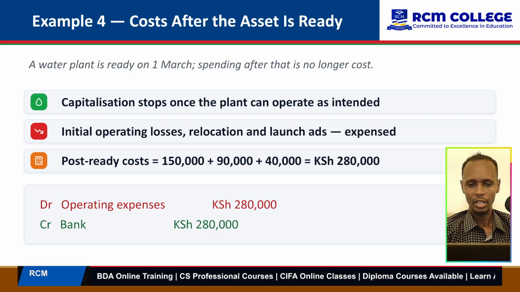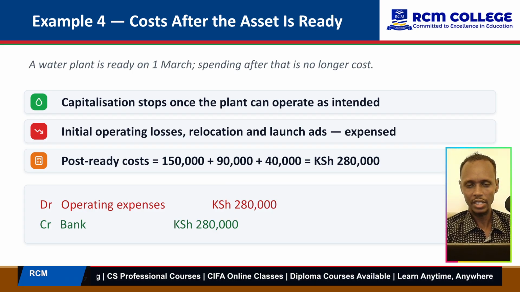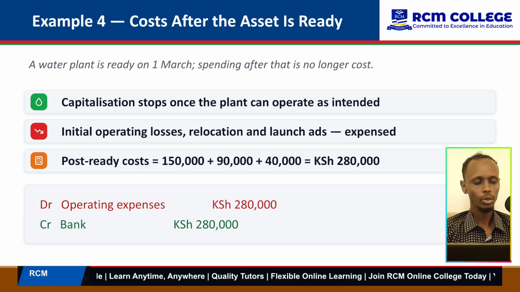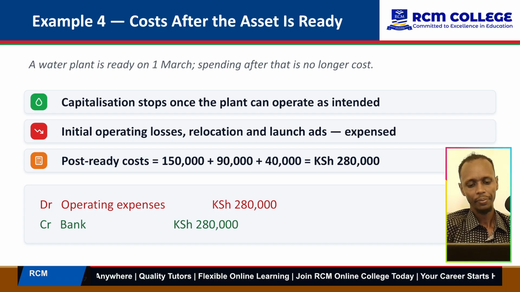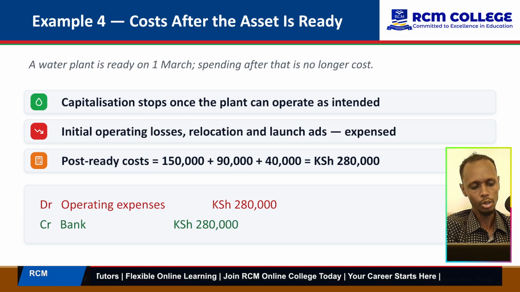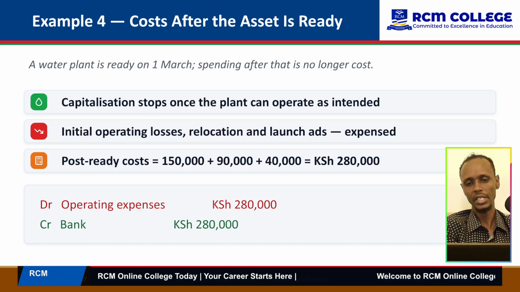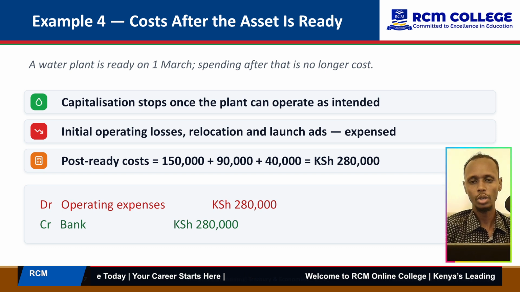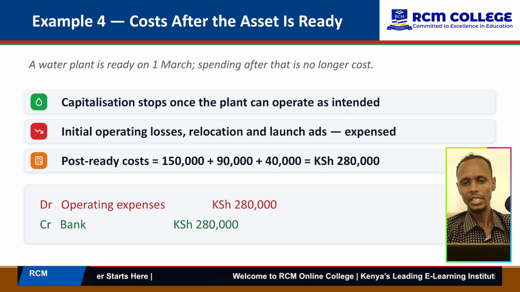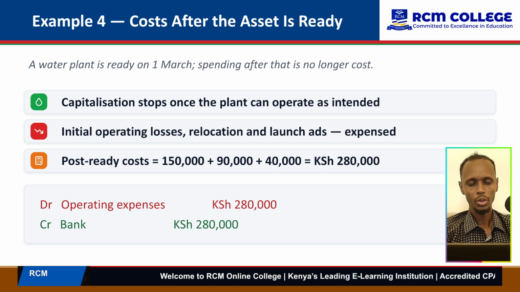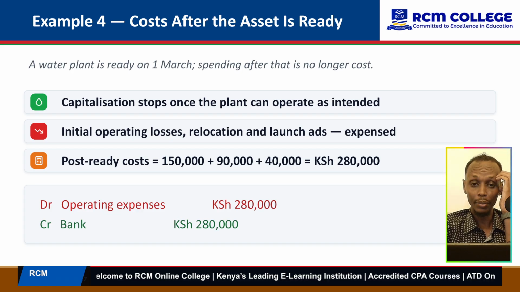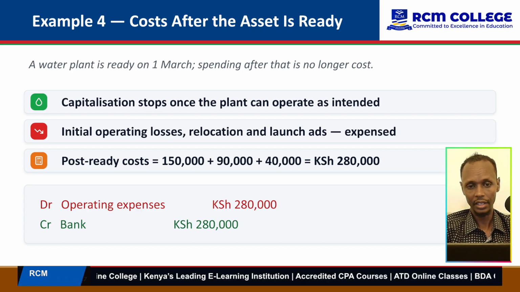For example, your main office is Mombasa and you want to take that asset to another area, say Kisumu. You don't add the cost of transporting that asset to Kisumu. So capitalization stops once the asset can be operated as intended.